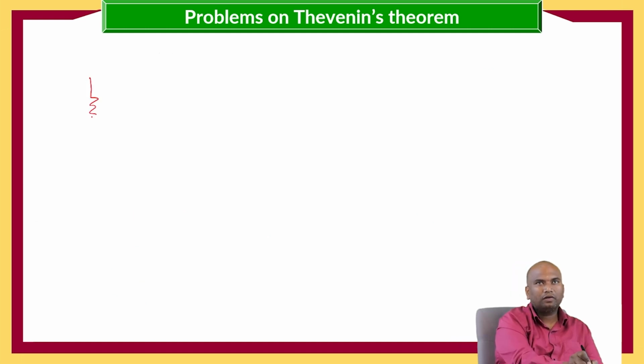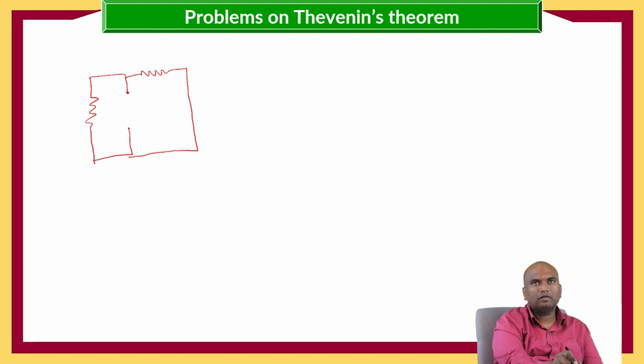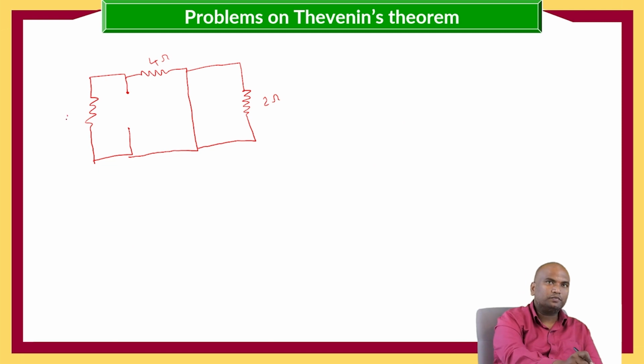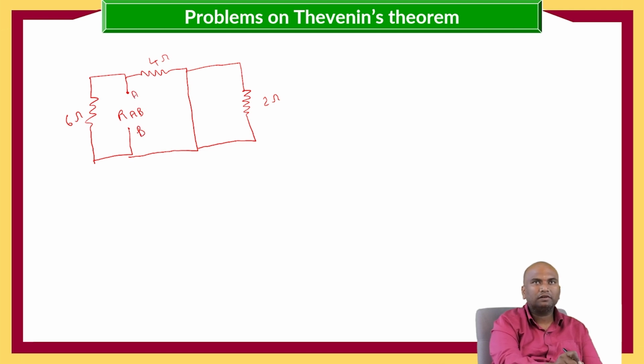Now the circuit will become 4 ohms, 6 ohms. We need to calculate RAB or RTH, across the A, B terminals.